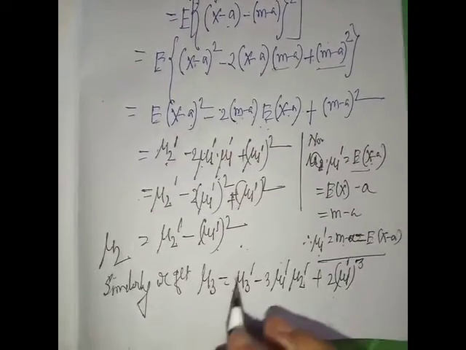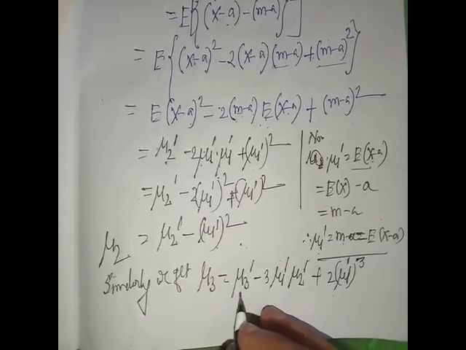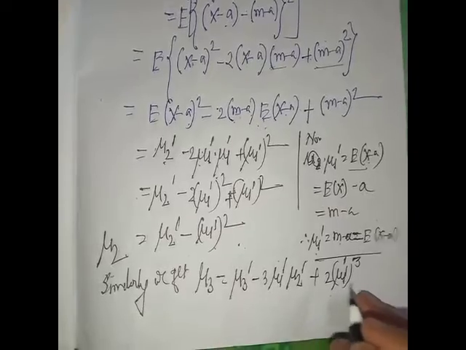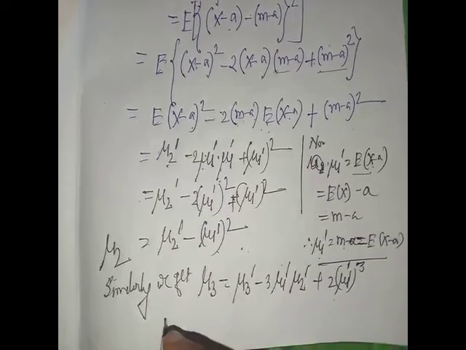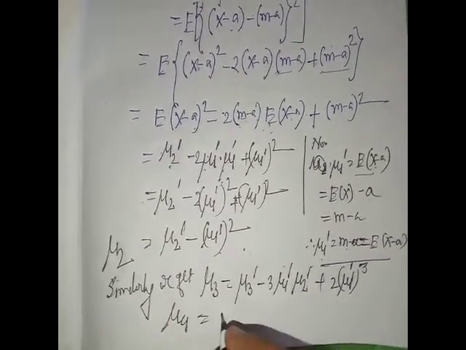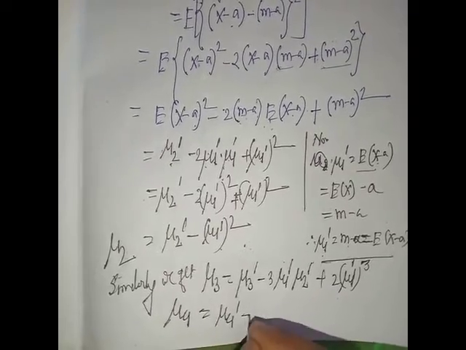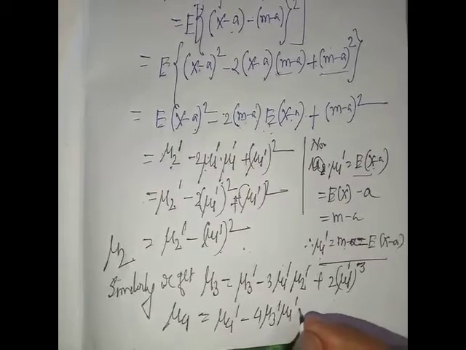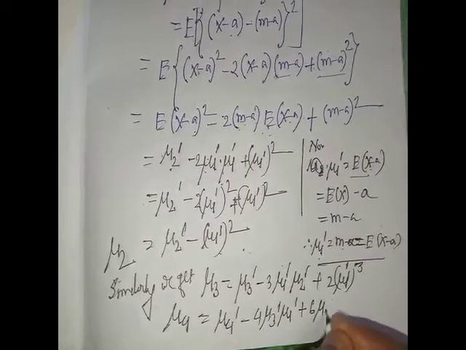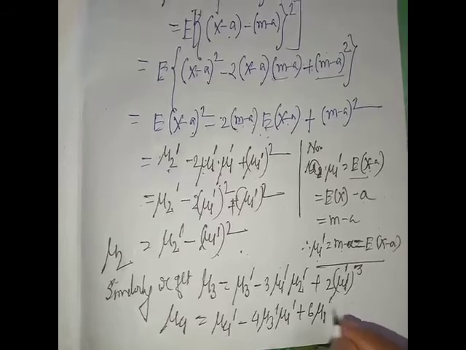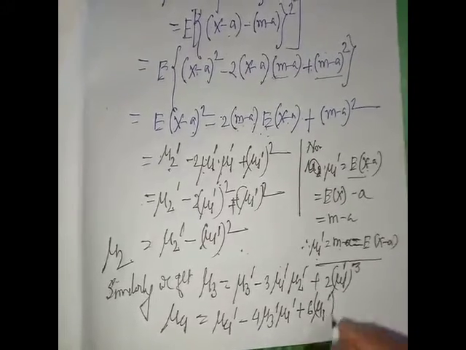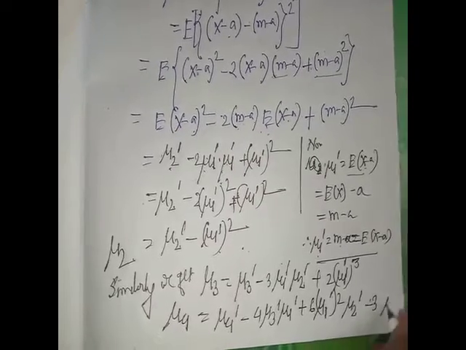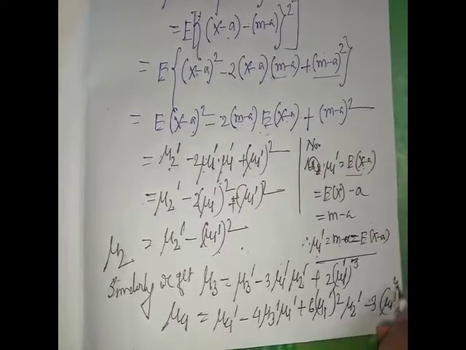Similarly we get mu 3 equal to mu 3 dash minus 3 mu 1 dash into mu 2 dash plus 2 into mu 1 dash whole cube, and mu 4 equal to mu 4 dash minus 4 mu 3 dash into mu 1 dash plus 6 mu 1 dash whole square into mu 2 dash minus 3 mu 1 dash whole to the power 4.